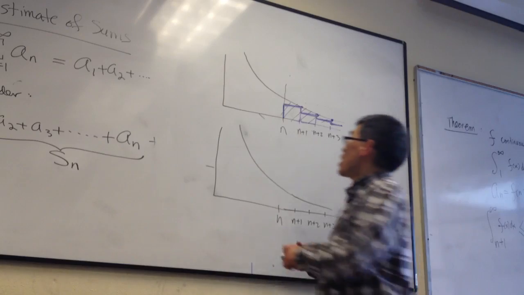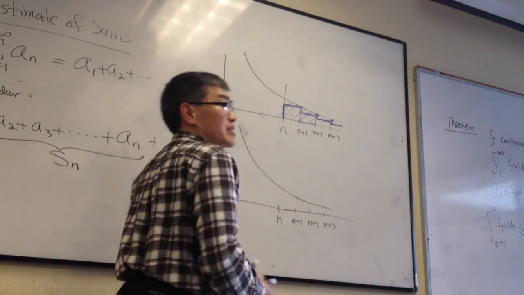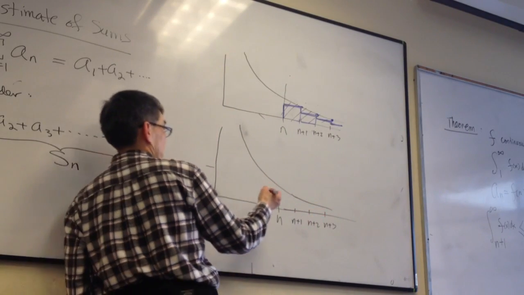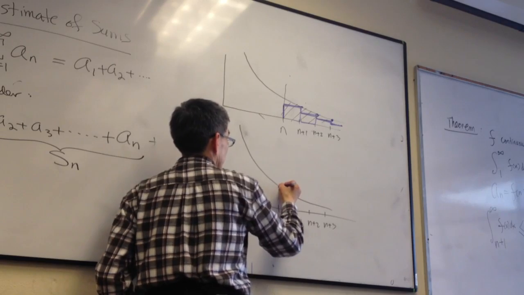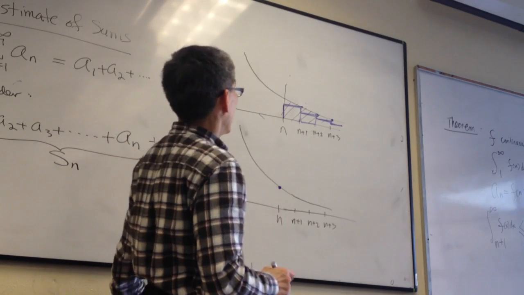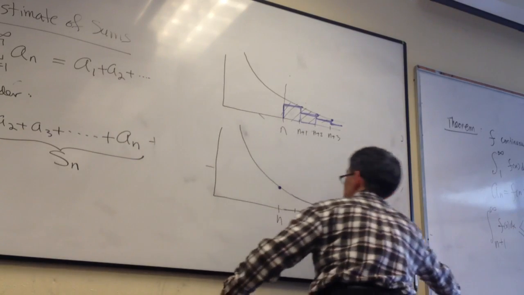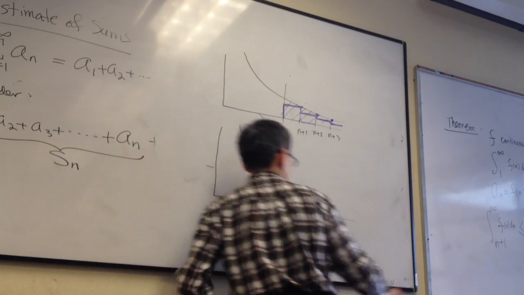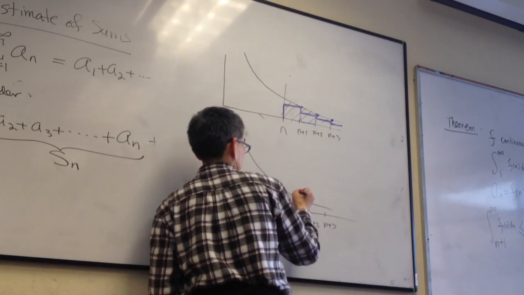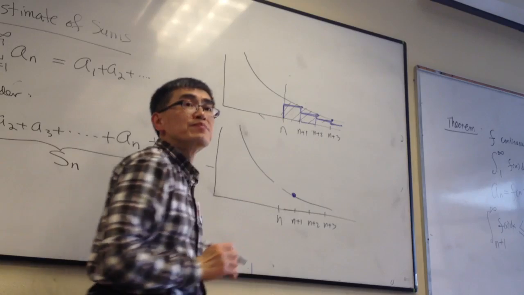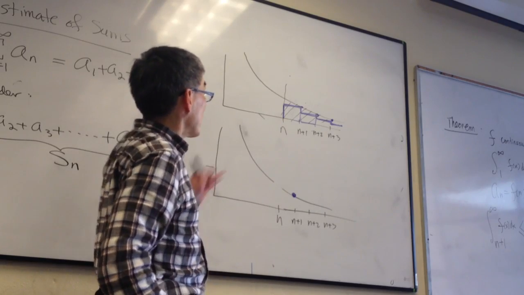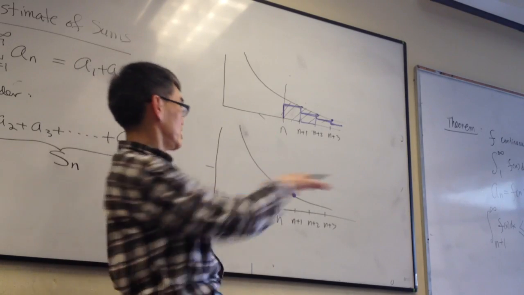Well, I'm going to present that R_n differently. So once again, this height is, sorry, this is A_n. So this height is A_{n+1}, right? But this time, rather than turning this way, I'm going to turn the other way.